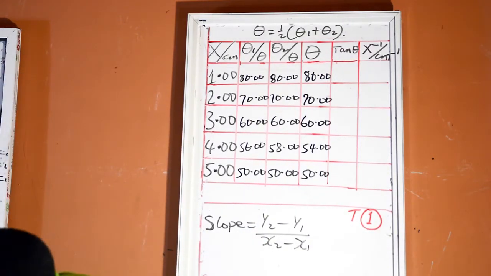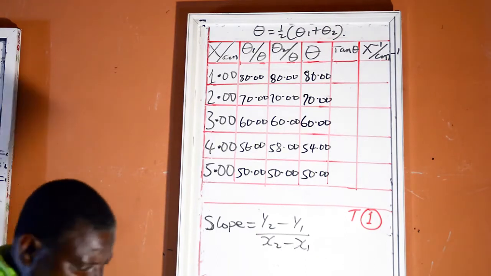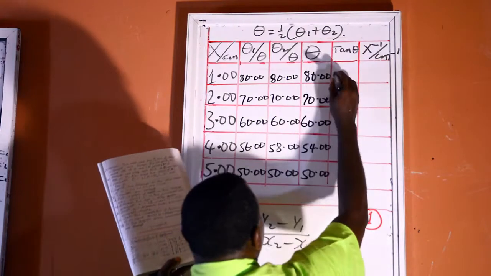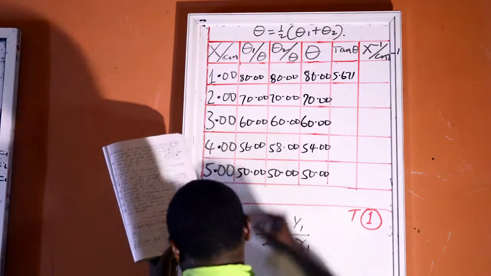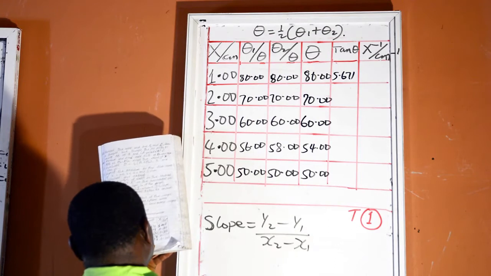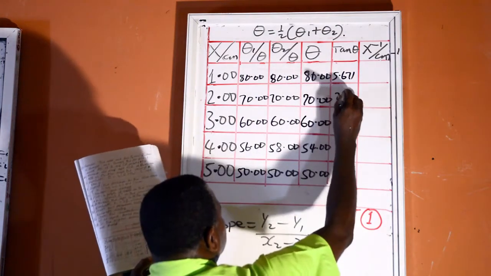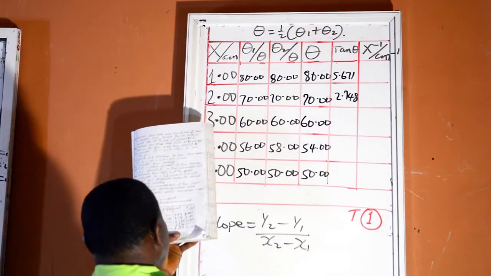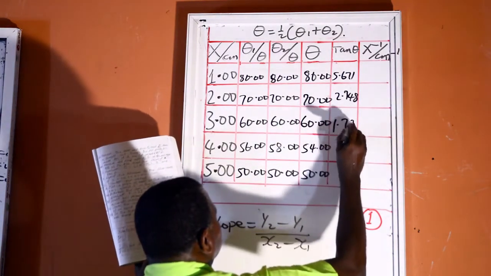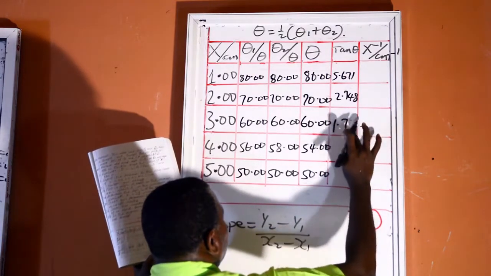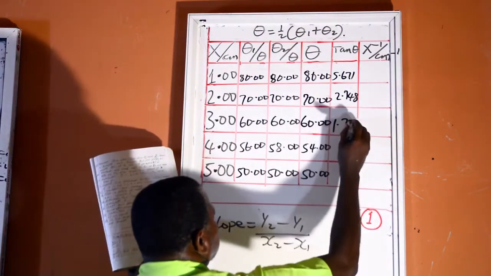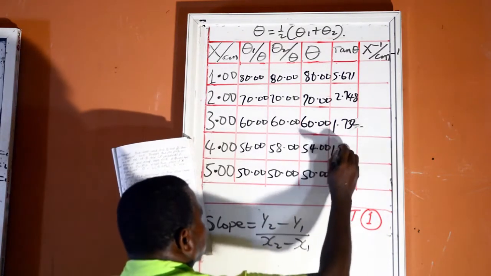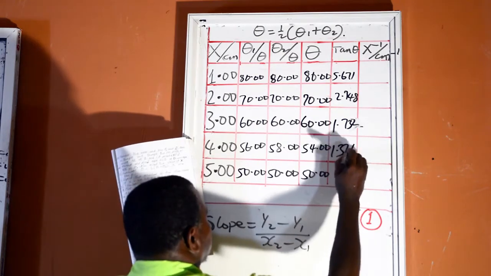Now, the value of tan 80 is 5.71. The value of tan 70 is 2.748. The value of tan 60 is 1.732. The value of tan 54 is 1.376.